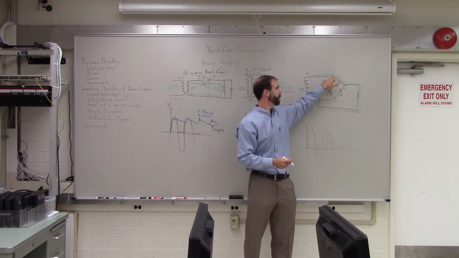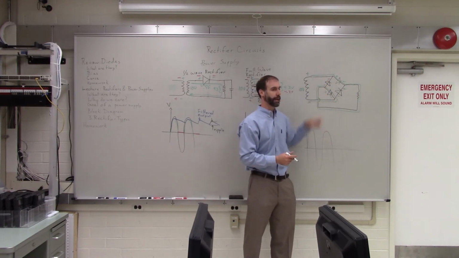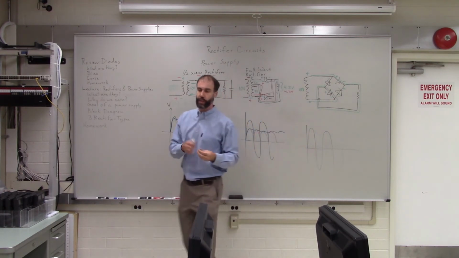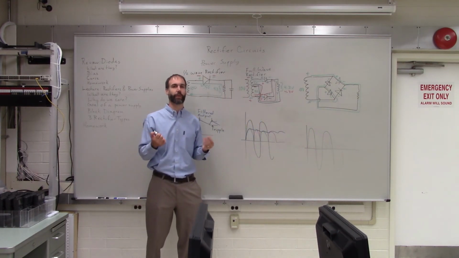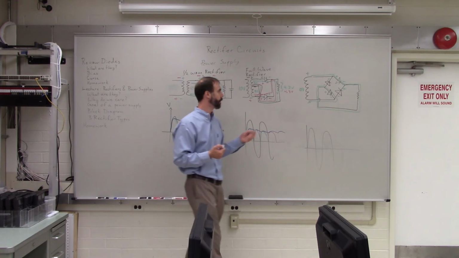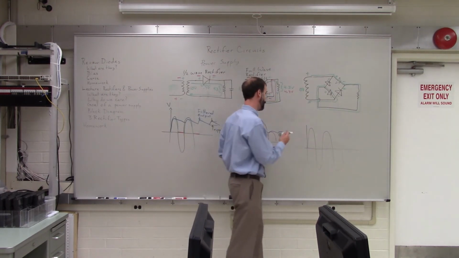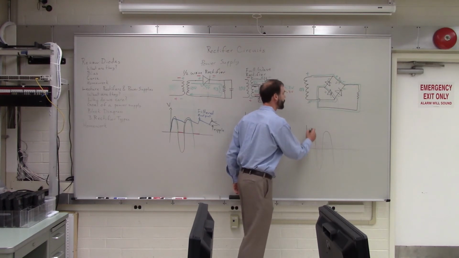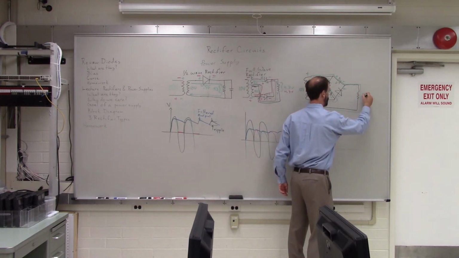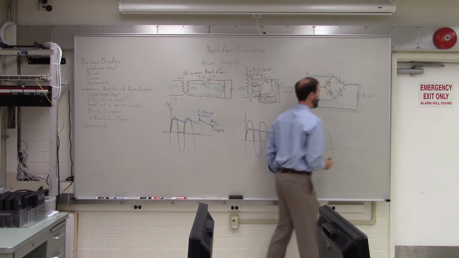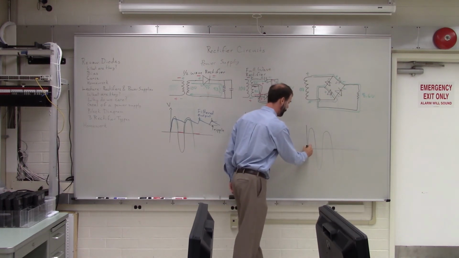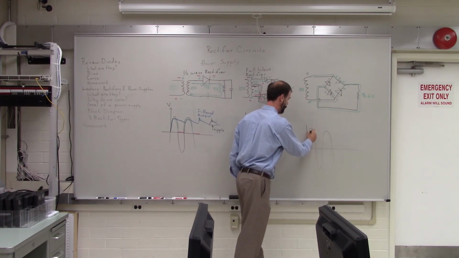So it loses 2 diode drops, or 2 times 0.7 comes out to be what? 1.4. So we start with 10, we subtract 1.4, we're left with 8.6 volts. So we have 8.6 volts across the load. So our output should look something like that.